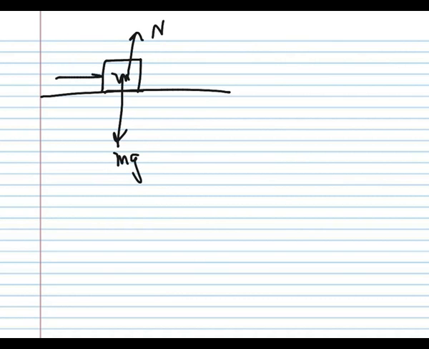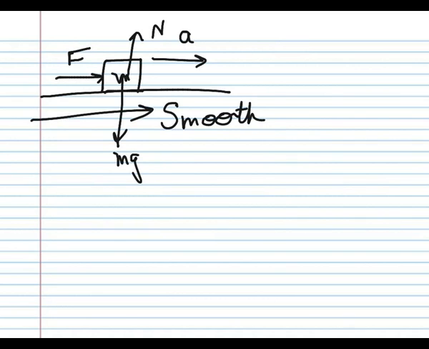Let's say force F is applied over it and it moves with an acceleration a. This we take as a smooth surface. So in a smooth surface, the force just moves the body, and there's actually no loss of energy.